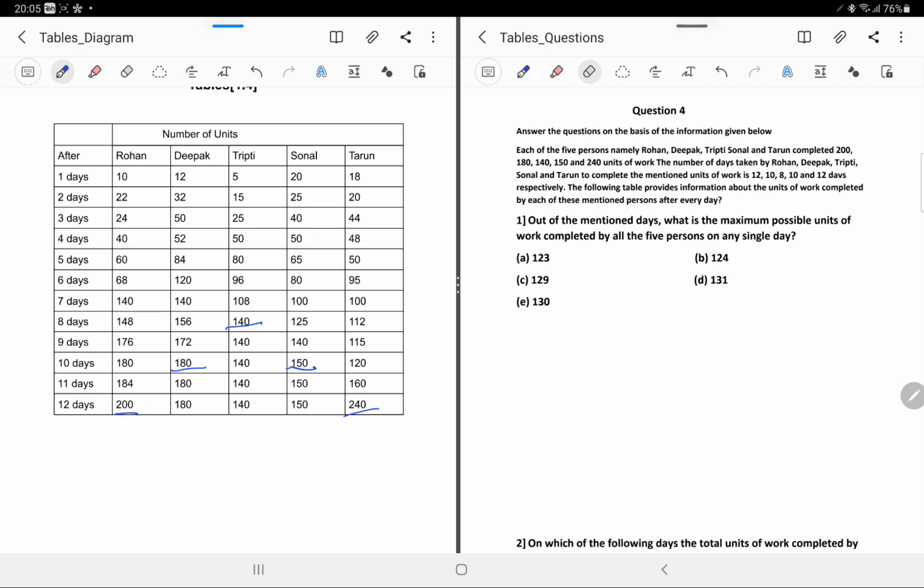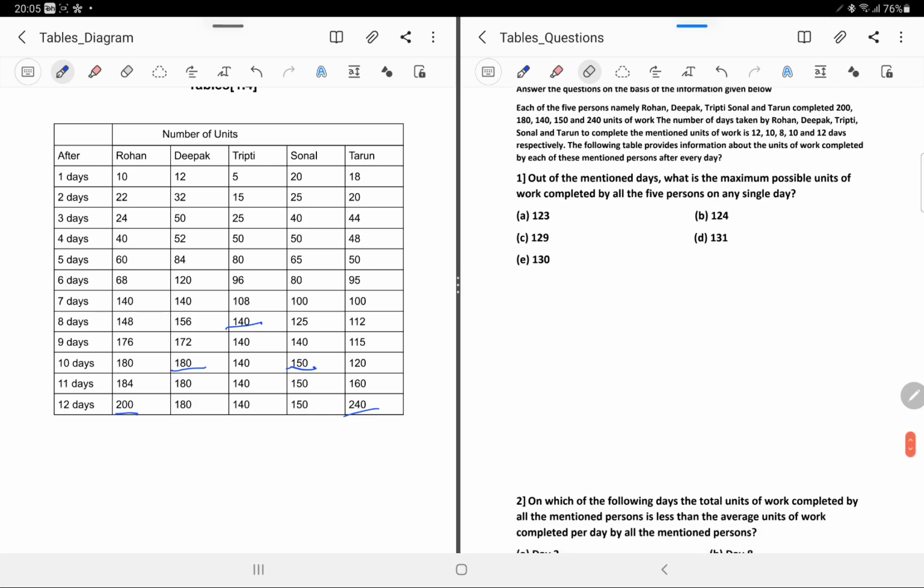So for example, Rohan completed 10 on day 1, and on day 2 he ended up at 12, because this is the entire sum he made. Out of the mentioned days, what is the maximum possible unit of work completed by all 5 persons on any single day?